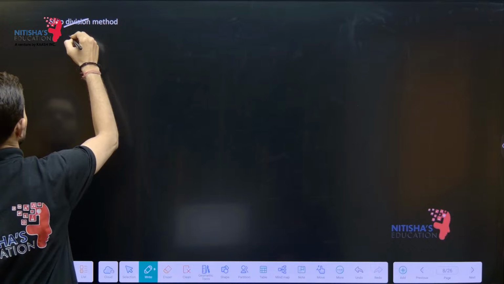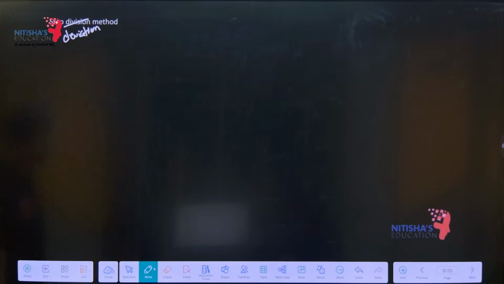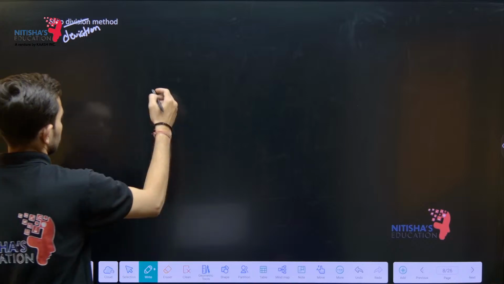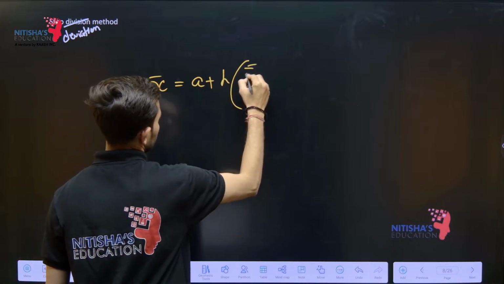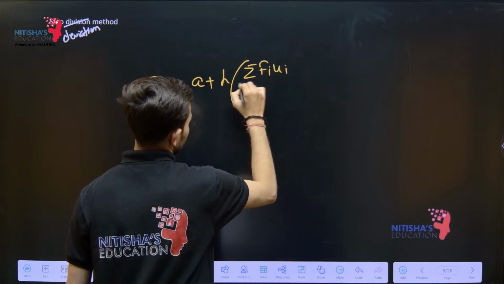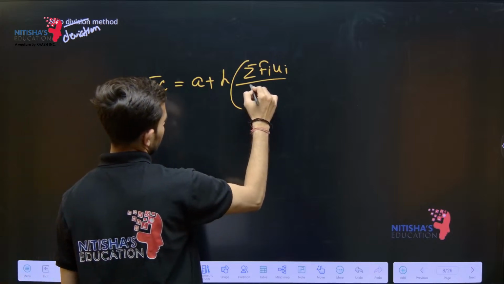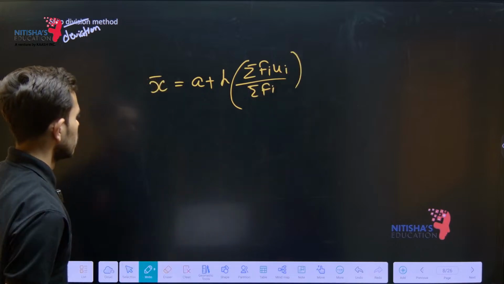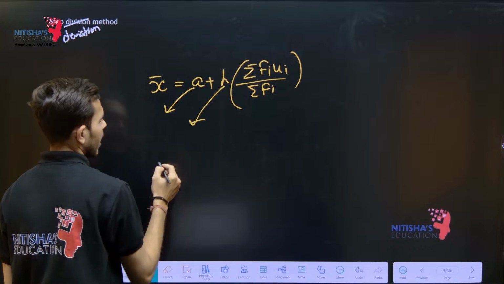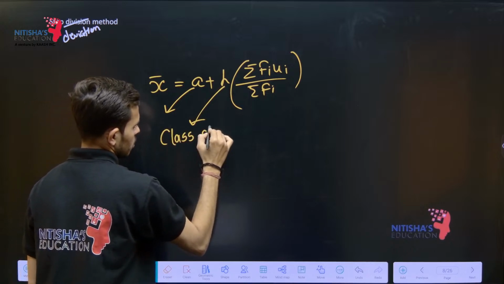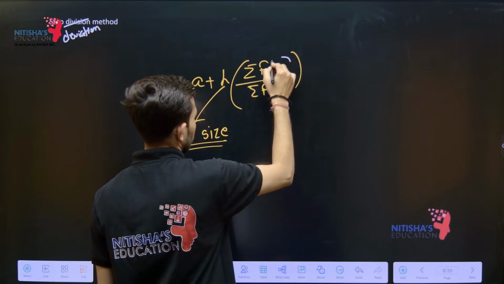In the step deviation method, we have to use the equation x bar is equal to a plus h into sigma fi ui divided by sigma fi, where a we have already discussed in the previous concept. What is h? H is the class size, right?